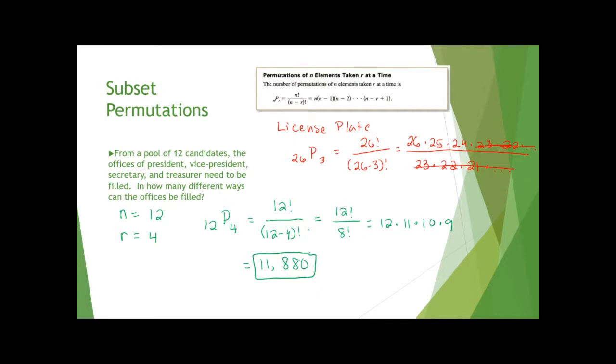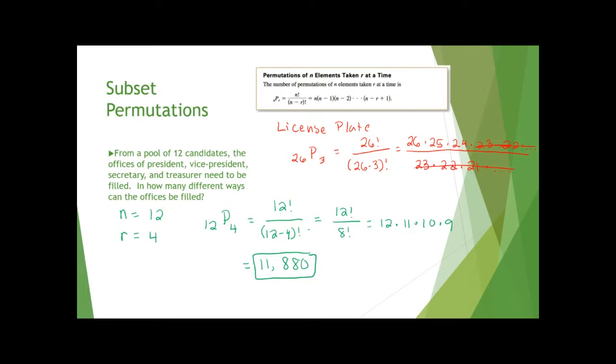So if your calculator has the button for 12P4, then you could verify that that's what you get. I have the TI-30X2, and there is a button that says PRB, and that is where these things are stored. So if you hit PRB, you get nPr, nCr, and the factorial button.